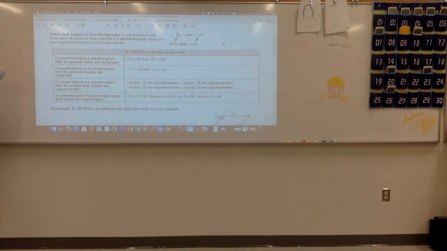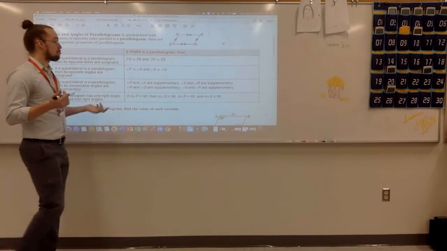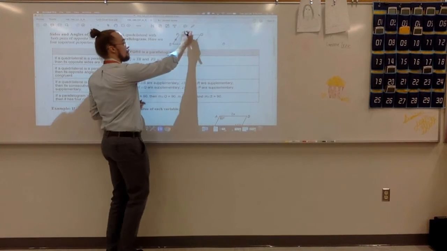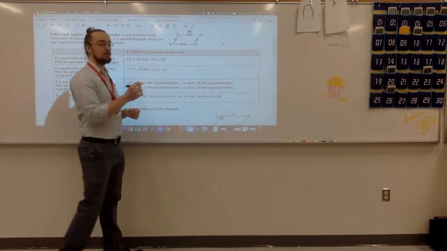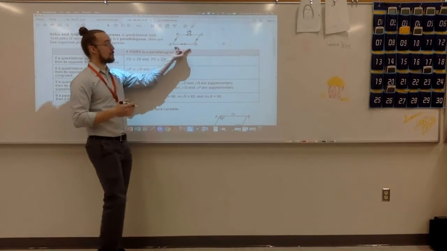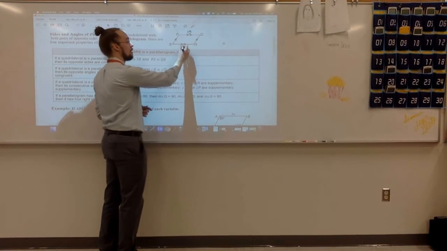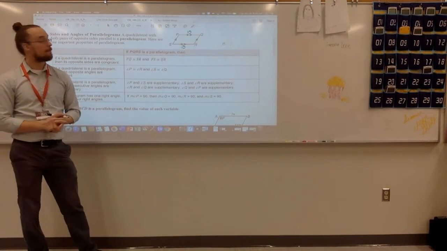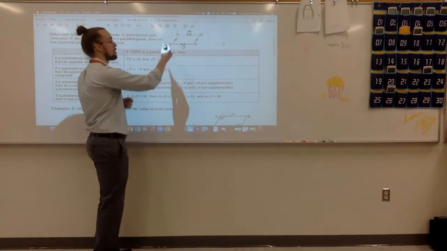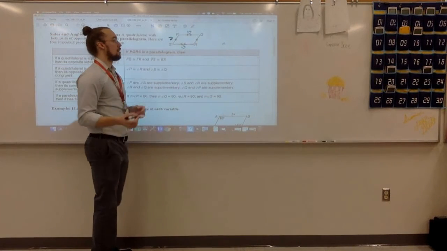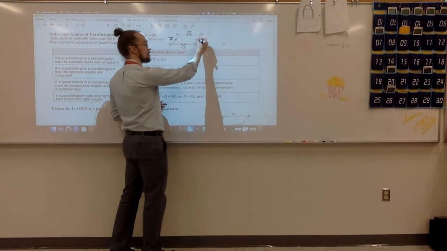We also know that in a parallelogram, opposite sides are congruent. Right? They have the same length. So, for example, if I know that PQ is 10, bless you, then I also know that SR is 10. Okay? If PS is 7, then I know QR is 7.